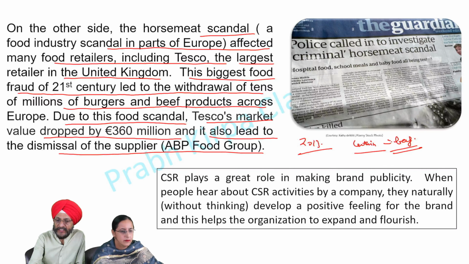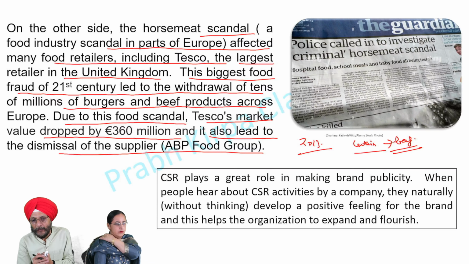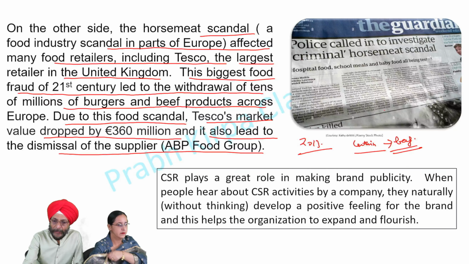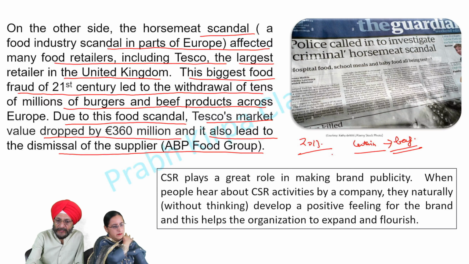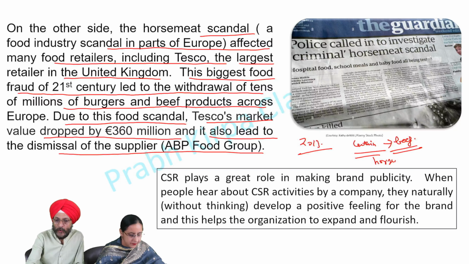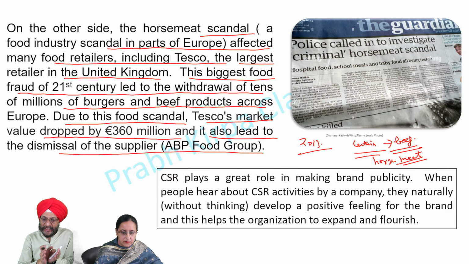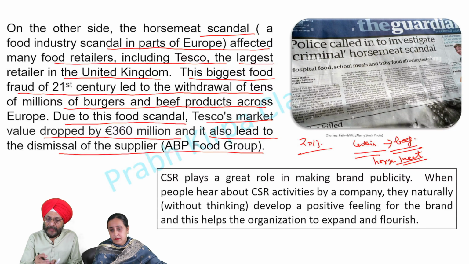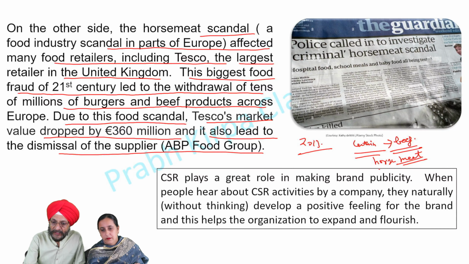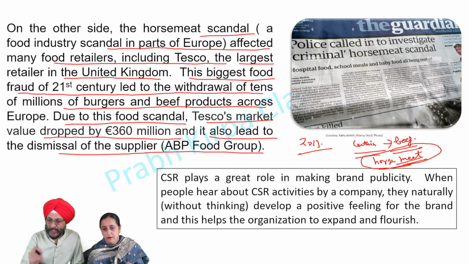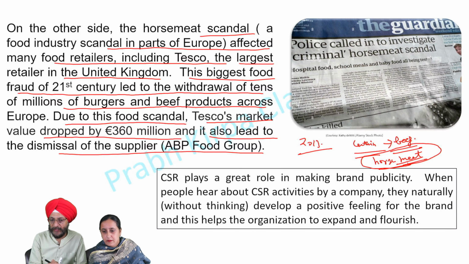It came to light that these food products were not containing beef, but they were containing horse meat. That is, undeclared horse meat was found present instead of beef. In some cases, the product was containing 100% horse meat.